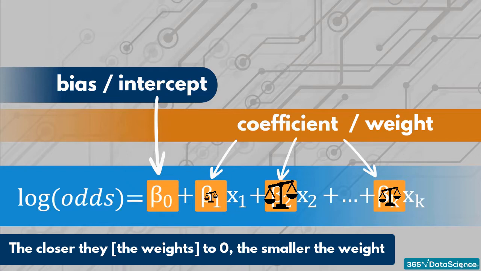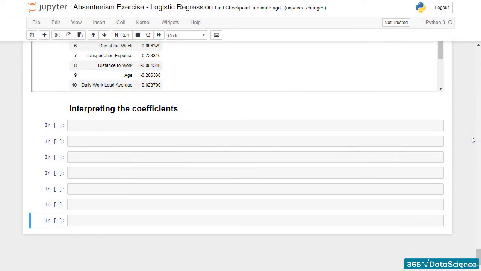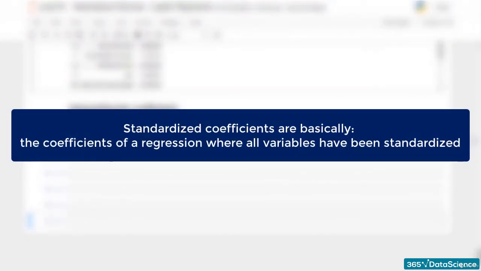Note that this is something which is true for our model, but is not universally true. It holds only for models where all variables are of the same scale, such as the one we just built. There are coefficient values and standardized coefficient values. These standardized coefficients are basically the coefficient values of a regression where all variables have been standardized.